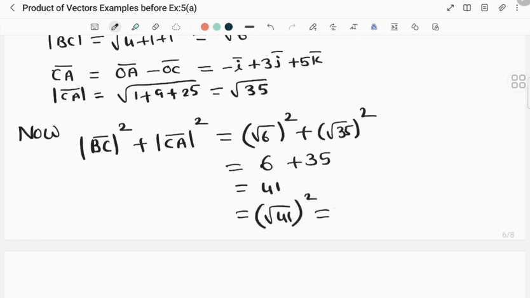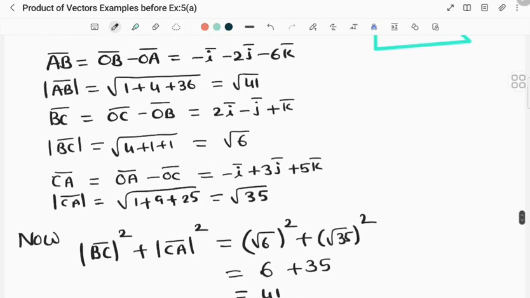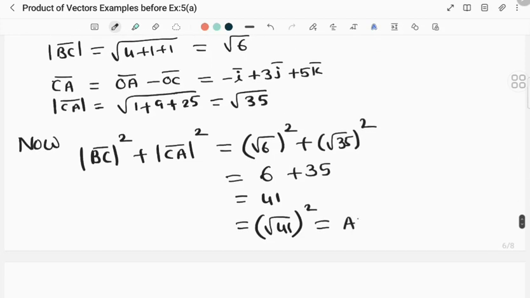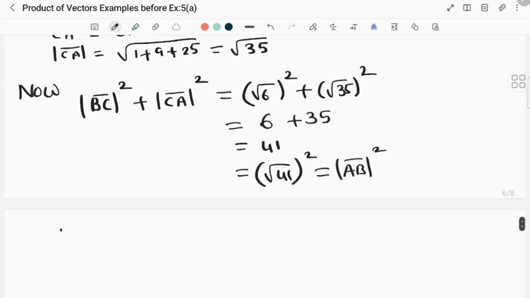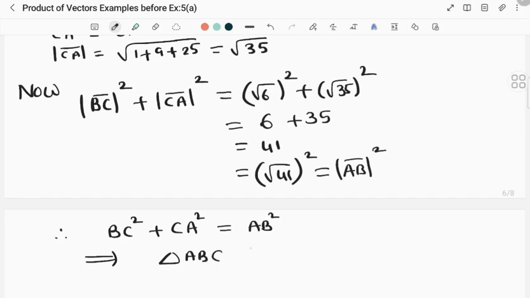What is root 41? Root 41 is AB. So AB square. Therefore BC square plus CA square is equal to AB square. In this, C is common, no? So that implies the triangle ABC is right angled.